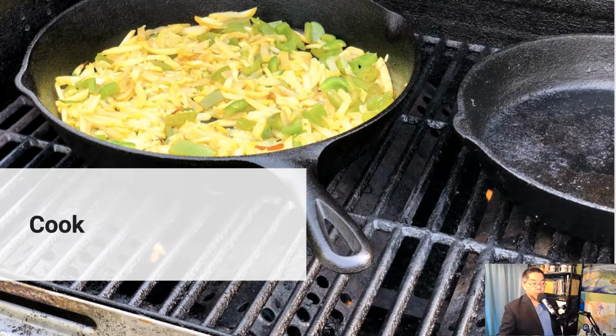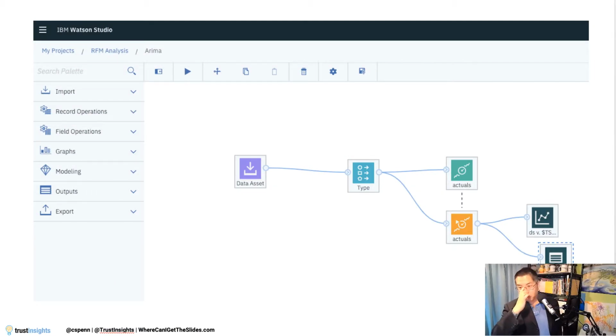And again, this is where you're going to want to have those expert tools and maybe some expert assistance to use those tools. This is an example from Watson Studio of taking that data we were just talking about, the search data combined with Google's Trends data, which is the purple data asset box, and you drag and drop. There's no coding here. Just drag and drop these boxes together, saying I want to forecast the search volume.